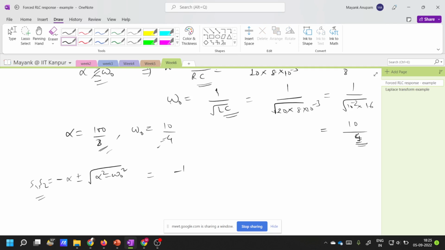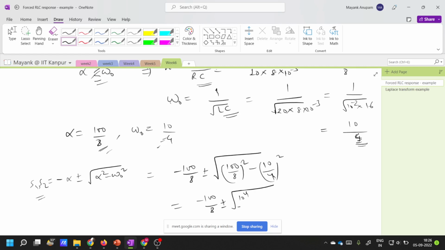This will be equal to minus 100 by 8 plus minus under root of 100 by 8 whole square minus 10 by 4 whole square. This is equal to 100 by 8 plus minus under root of, what will this be equal to? 10 to the power 4 by 64.